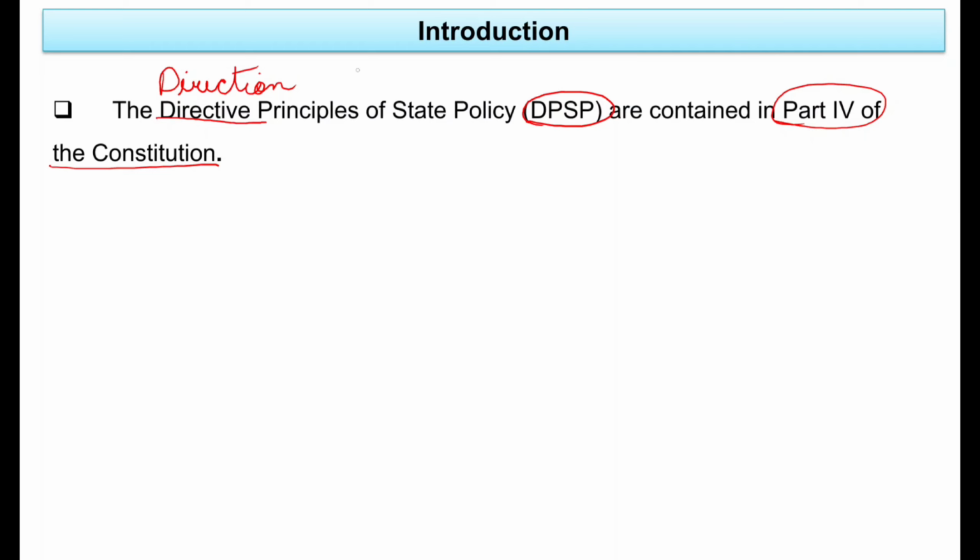What is the ultimate goal of the government, or the aim of the ruling party? It should be the welfare of the people, isn't it? It is the welfare of the people.